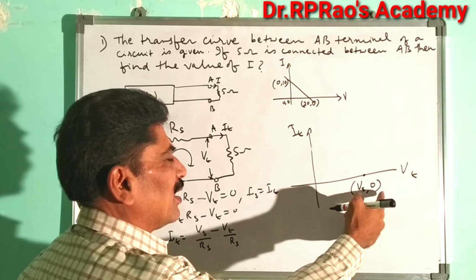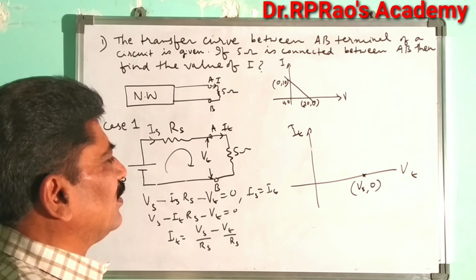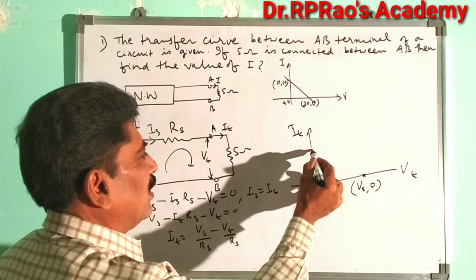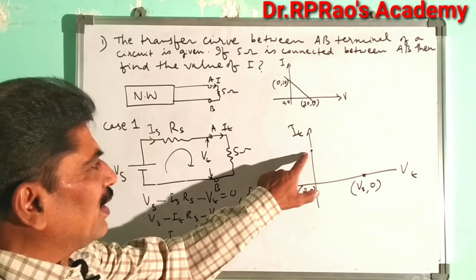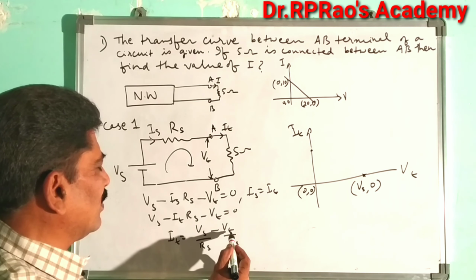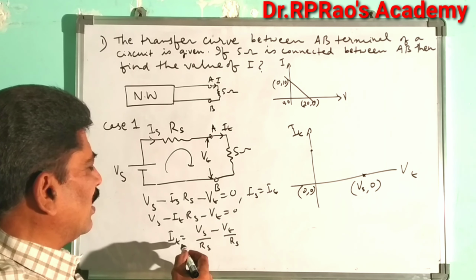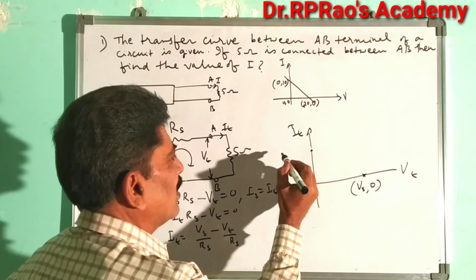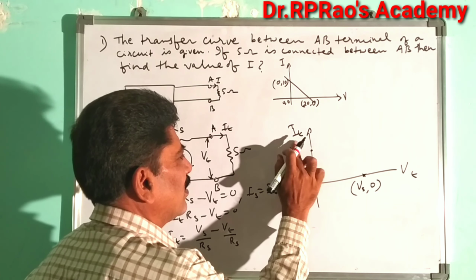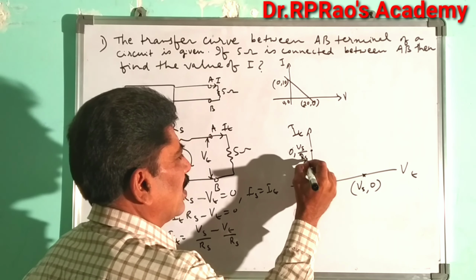To find the point on the It axis, let us put Vt equal to 0. When Vt is equal to 0, It is equal to Vs by Rs. So the point is (0, Vs by Rs).